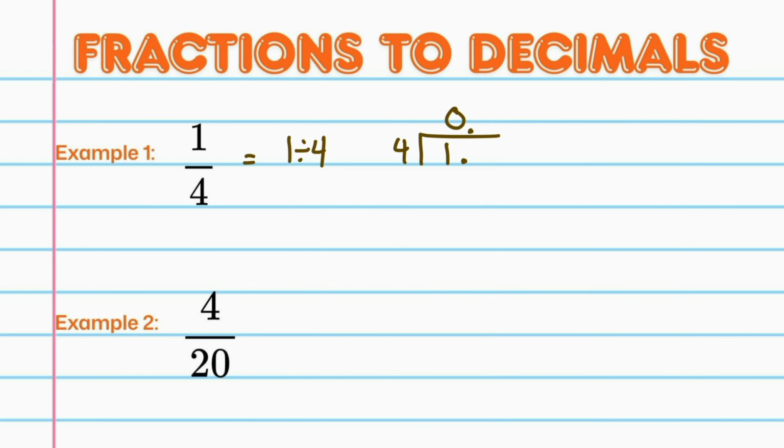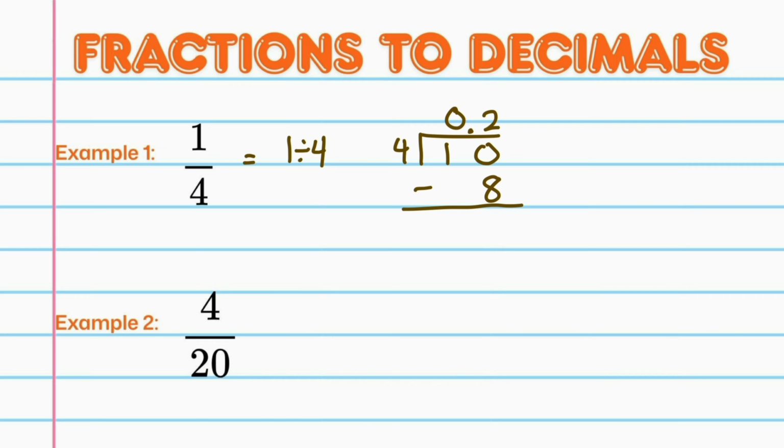And when I do that, now I'm going to add in a 0. We're going to look at this number that we're dividing like a 10 instead of a 1.0. Okay, we're going to look at it like 10. So 4 goes into 10 how many times? 2. 4 times 2 gives me 8. And we're going to just do long division as if it was normal.